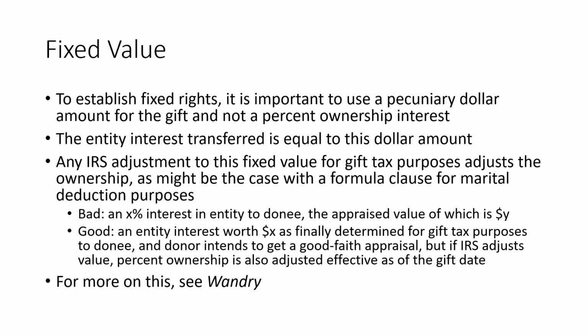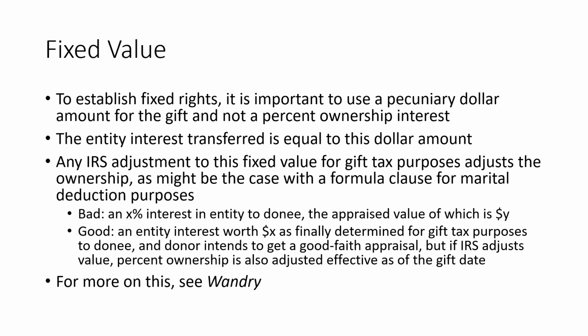So a good outcome would be maybe we say we have an entity interest worth X dollars as finally determined for federal gift tax purposes, and the donor intends to get a good faith appraisal to set this dollar value and to determine the amount of the entity transferred. But if the IRS comes back after the fact and adjusts that fixed value, then the percent ownership will be adjusted effective as of the gift date and not effective as of the date of the change in value.